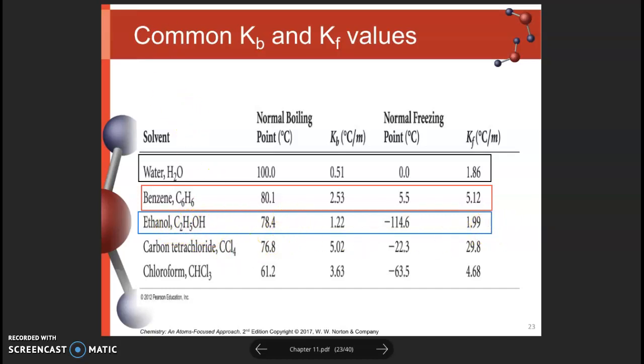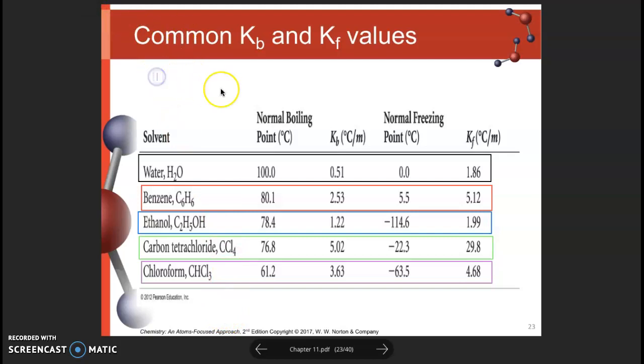And so some of those differences do have a lot to do with polarity, and a lot to do with size. There is a relationship between intermolecular forces in the substance and the Kf and Kb values that are associated with them.